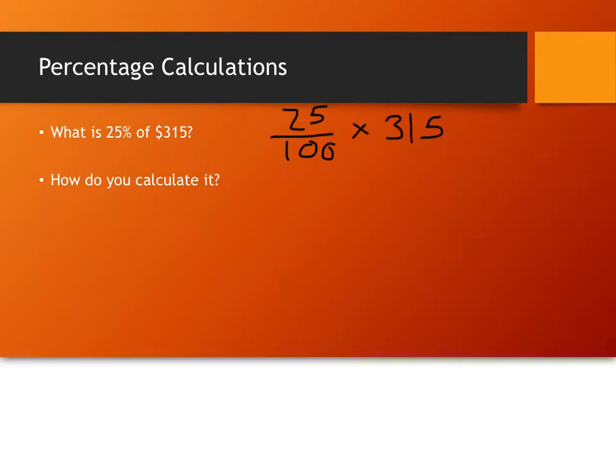Real quickly, I'm going to get into using decimal points for percentages rather than the division by 100 because I just think it's faster and easier to write. But in any case, you take your calculator, push 0.25 times 315, and you'll find that 25% of 315 is $78.75.